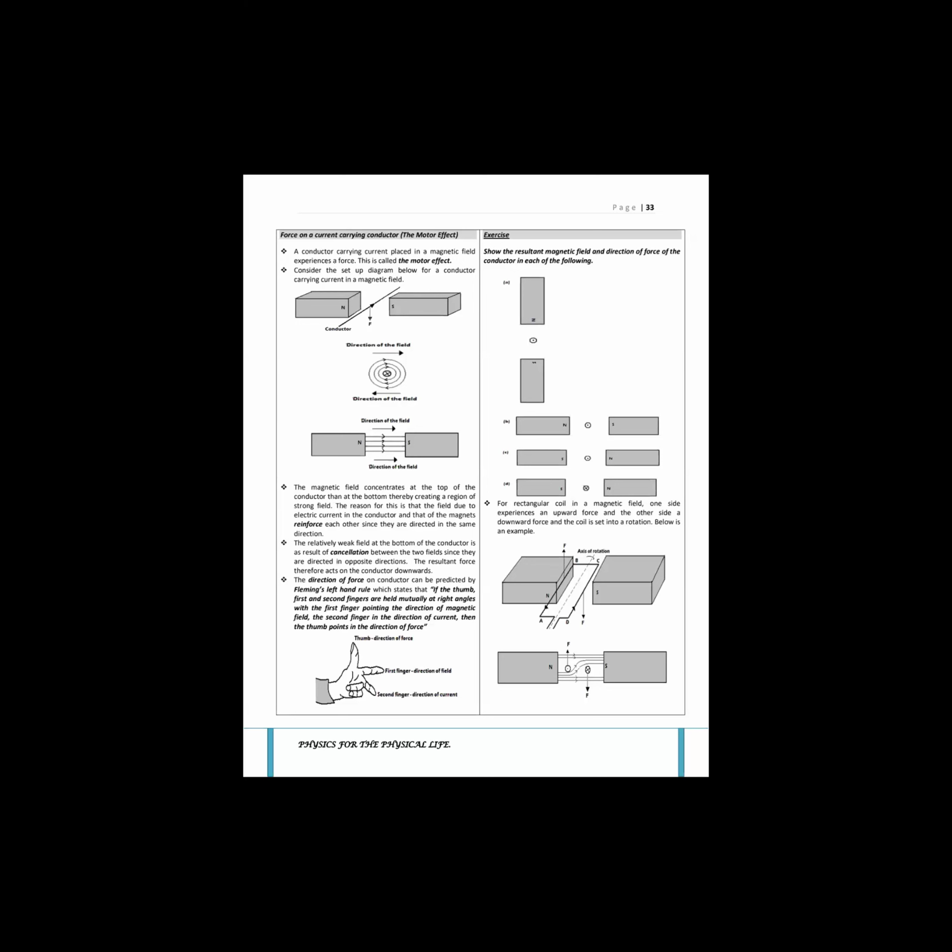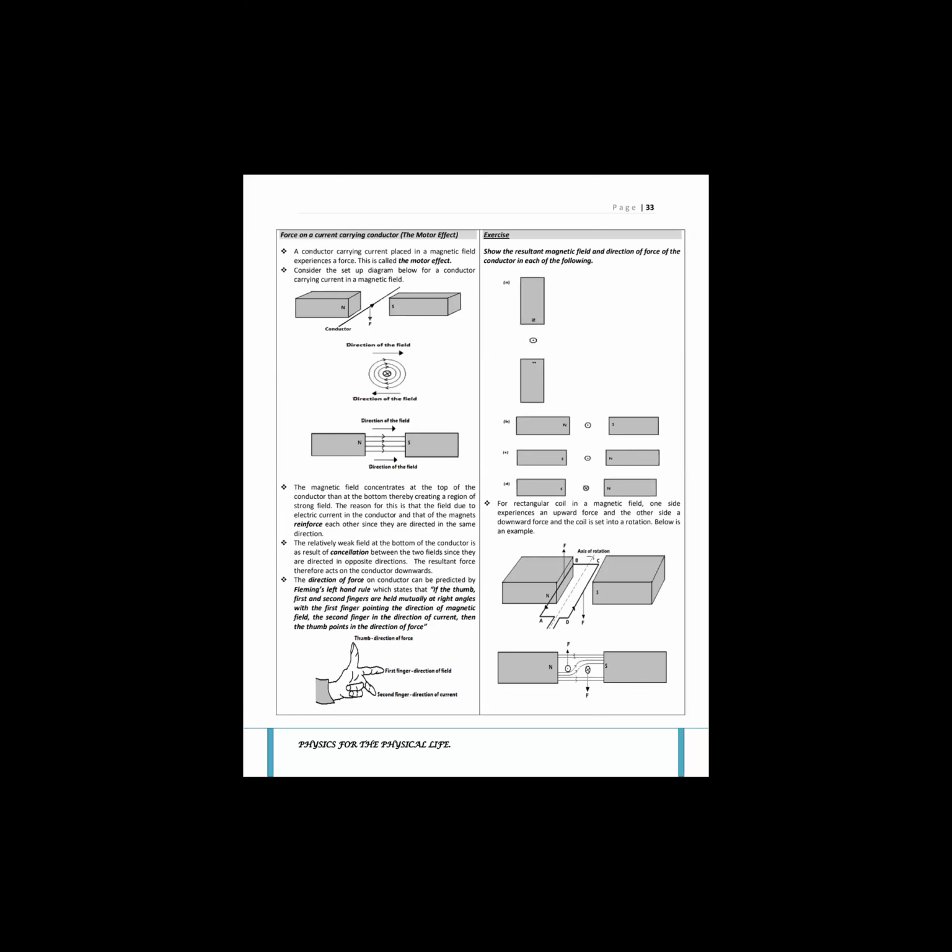But before we indicate those, I want you to note the following. There is a force on a current-carrying conductor in the motor effect. From this concept, we'll be able to understand how the magnetic field is produced as a result of force.